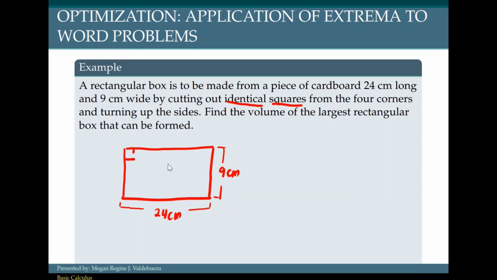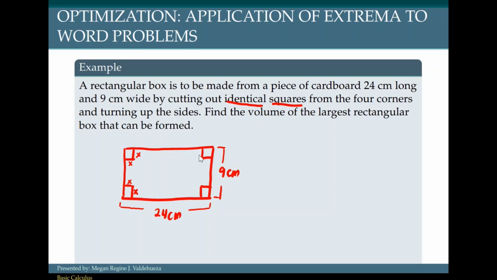So we have 1, 2, 3, 4. And since it is a square, then we can name this as x and x. So it has the same length since it is a square.